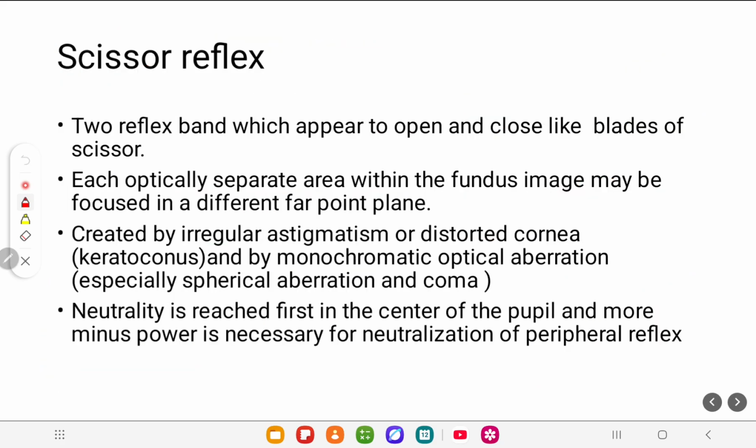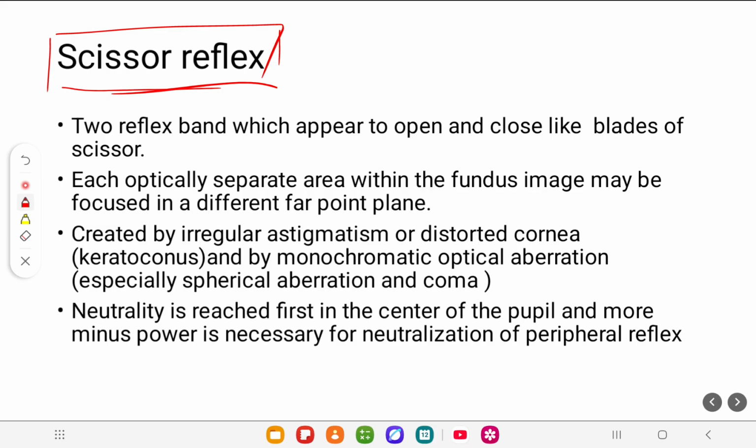Okay. Scissor reflex, the old good scissor reflex. You have to understand, scissor reflex is about keratoconus, it's not only about keratoconus. Okay. Scissor reflex is yes, one of the signs of keratoconus, but scissor reflex comes when the cornea is distorted because of nebular opacity, macular opacity, or other opacity. So you must closely examine the cornea, which is centrally important, and sometimes even opacity of the lens gets you confused with the scissor reflex.